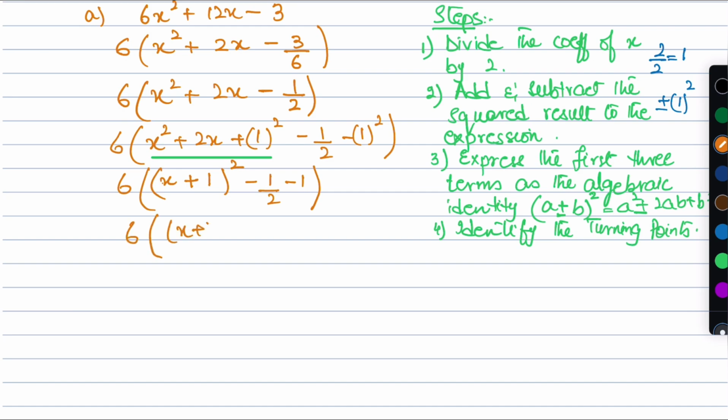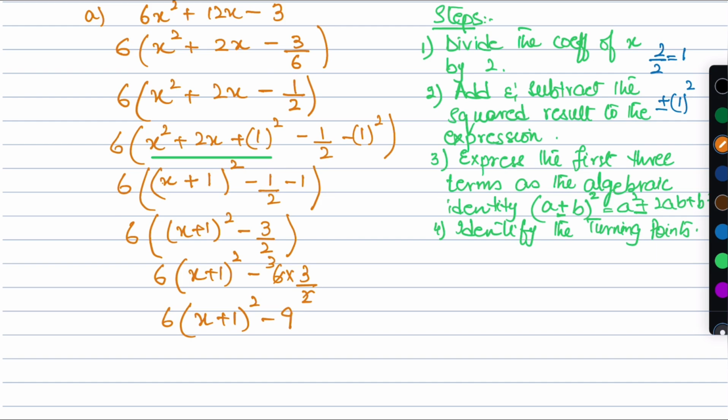6 times (x plus 1) the whole square, and minus 1 by 2 minus 1, that will give me minus 3 by 2 here. Then I can multiply the bracket by 6, and 6 times 3 by 2 simplifies to 9. So it is 6 times (x plus 1) the whole square minus 9.